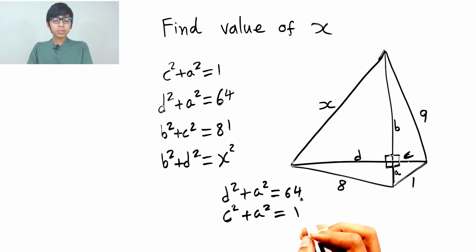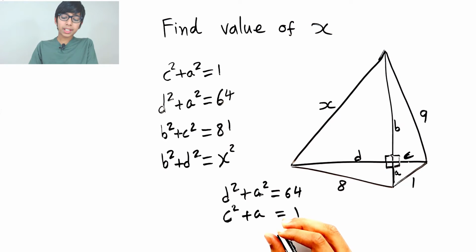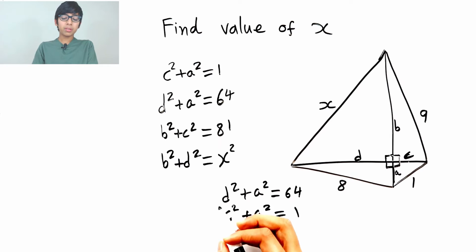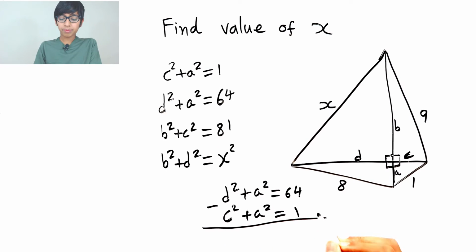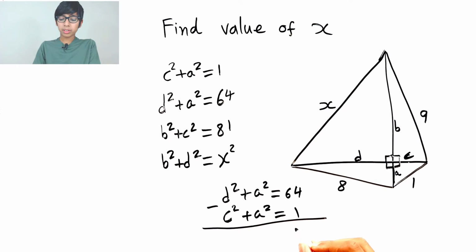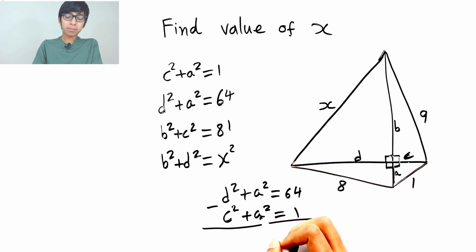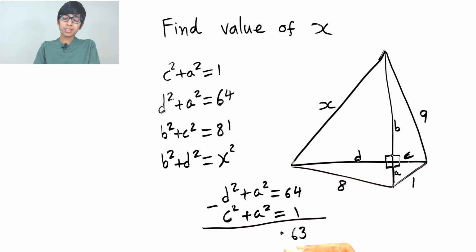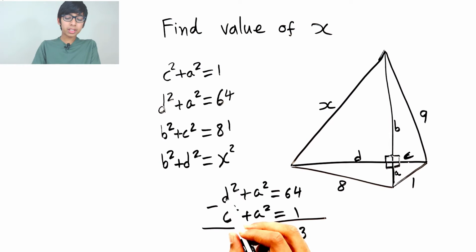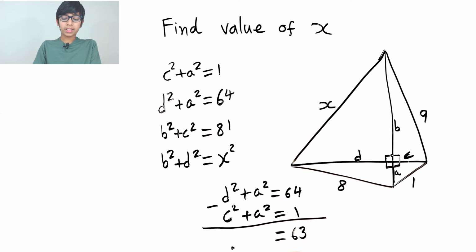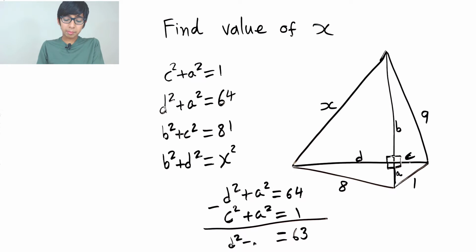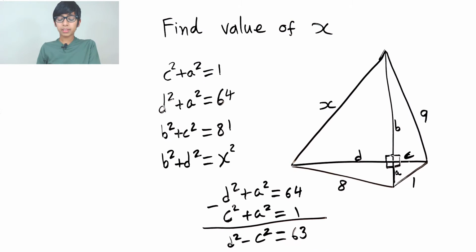Let's cancel a squared. 64 minus 1 is 63, and a squared minus a squared is 0, so let's not write it. And d squared minus c squared stays. So d squared minus c squared equals 63.